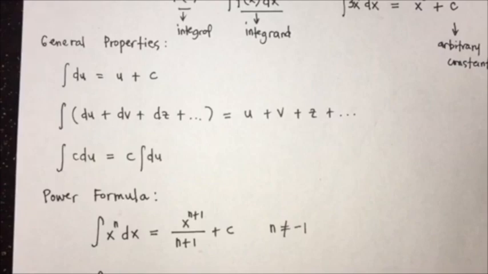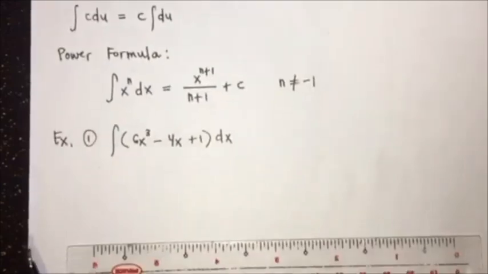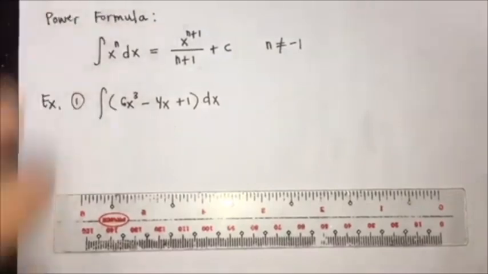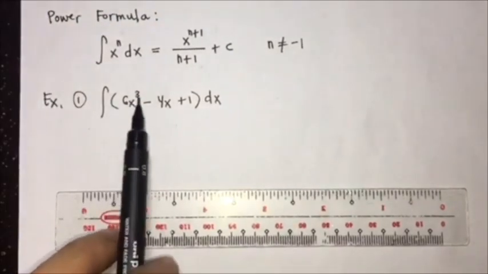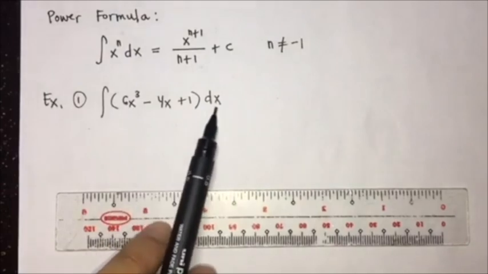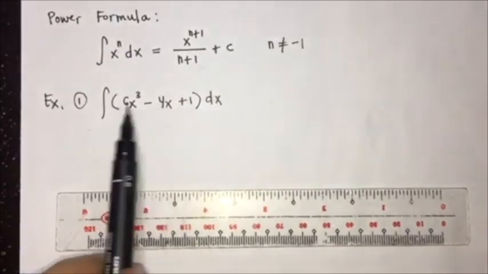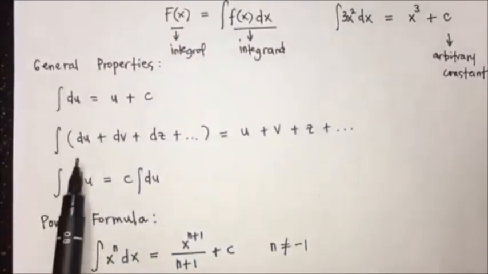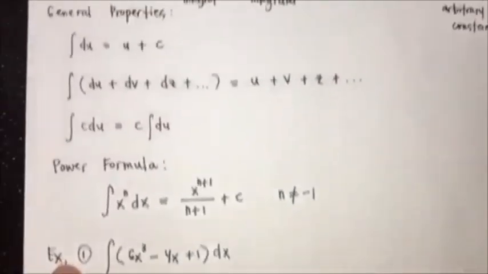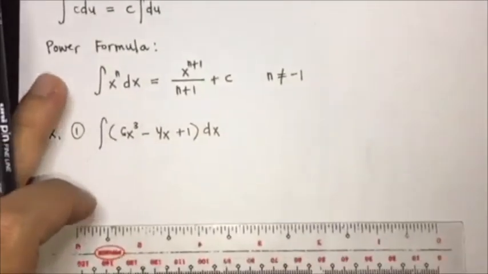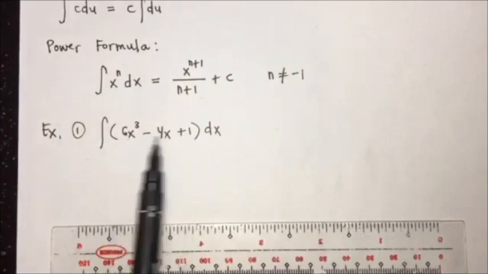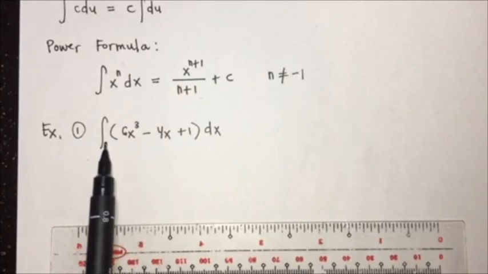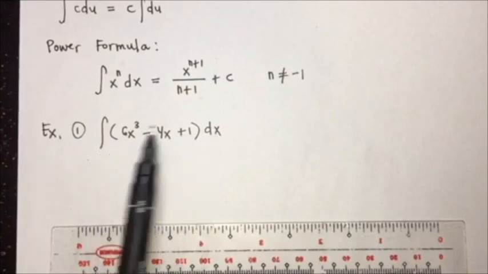Okay, so for an example, evaluate the integral of 6x cubed minus 4x plus 1 dx. In integrating this, all we need to do is follow the general properties. First, we can use property number 2. We have here an integrand consisting of 3 terms, so what we can do is distribute the integral sign and dx.